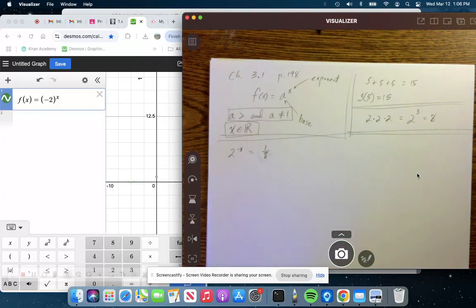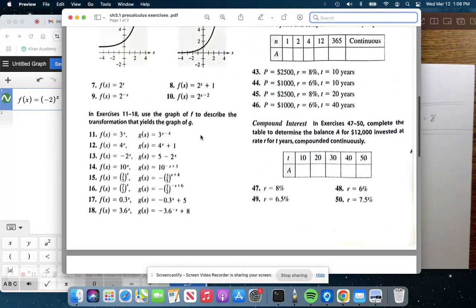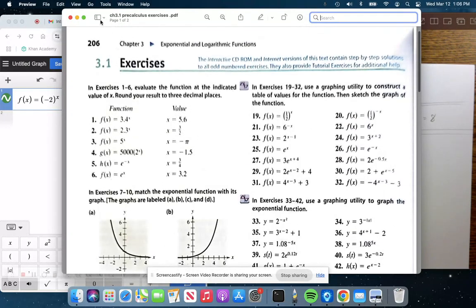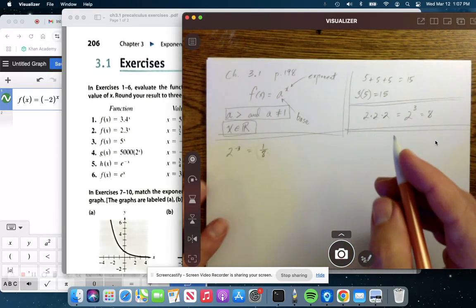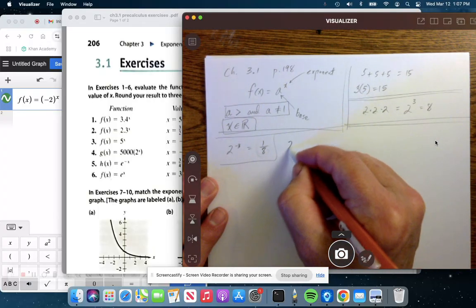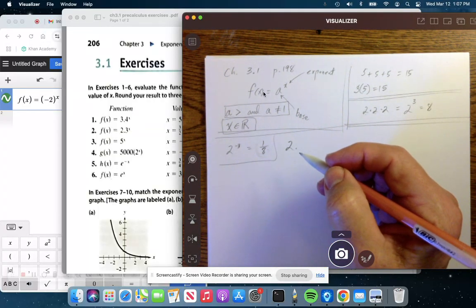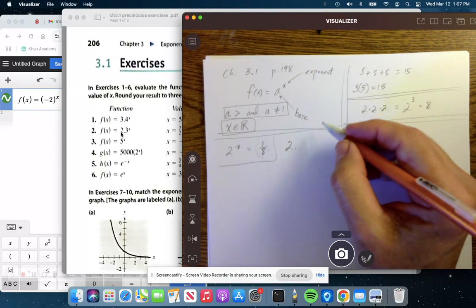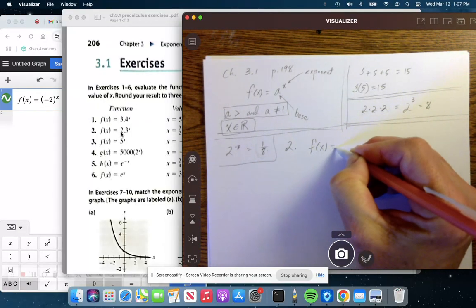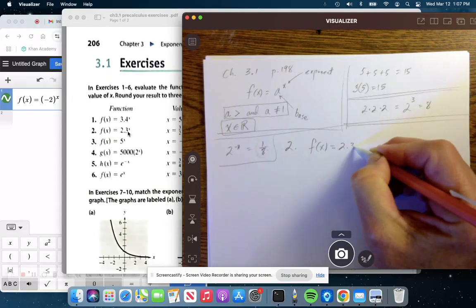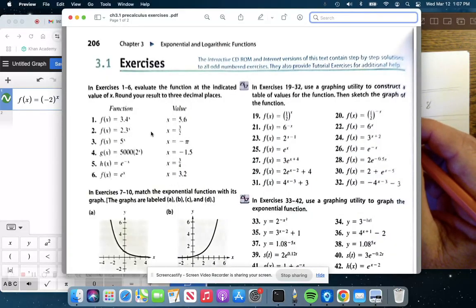Okay, so let's look at some problems from your textbook. This is on page 206. I'm going to look at a couple of these real quick. So we'll do number 2. Number 2 is f of x equals 2.3 to the x power. And we want to know what the value is when x is 3/2.